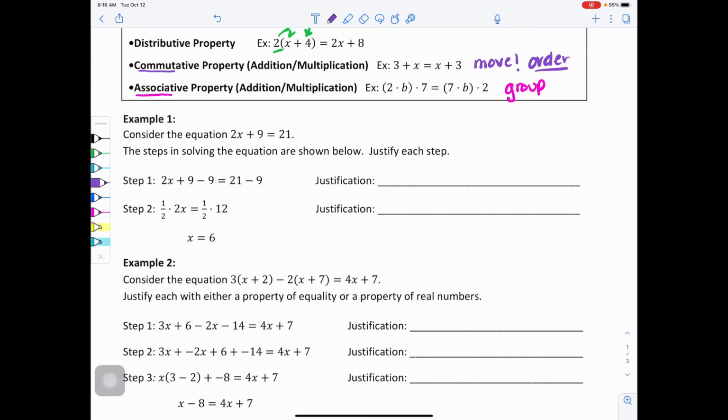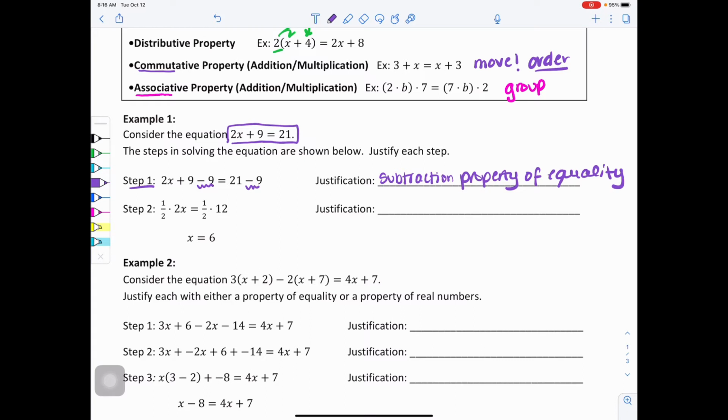So if I look at this as my original equation right here, and now I look at step 1, I can see that we have subtracted 9 on both sides of the equation. So that would be the subtraction property of equality. Whatever you do to one side, you must do to the other side to keep the equation equal.